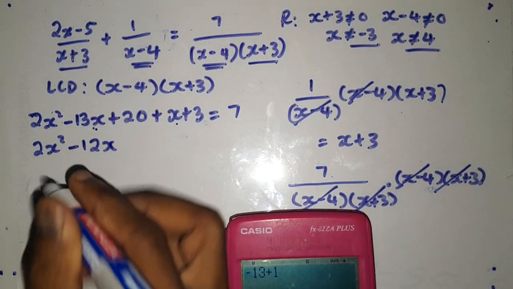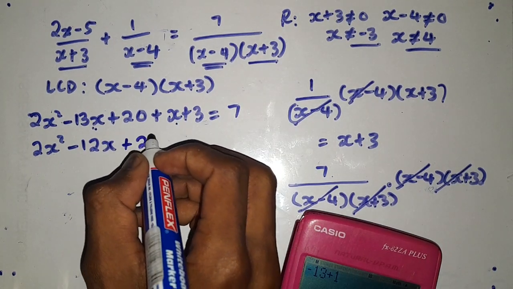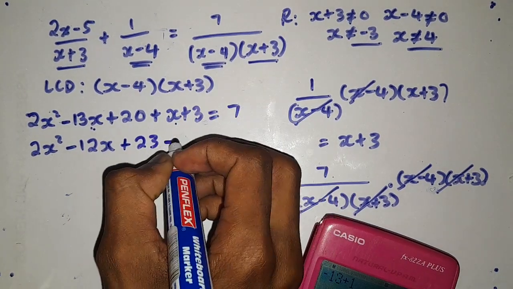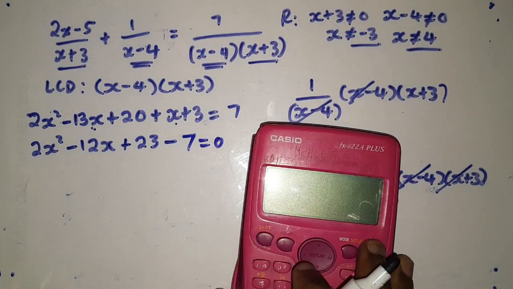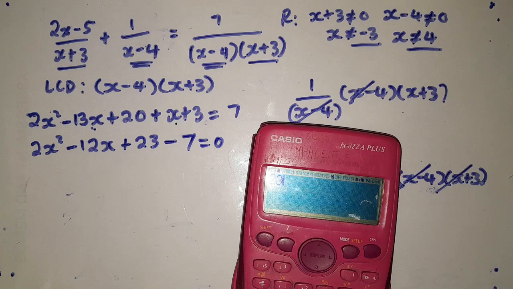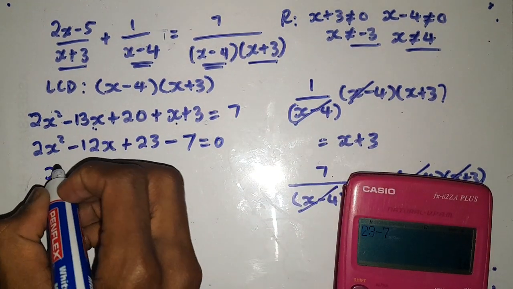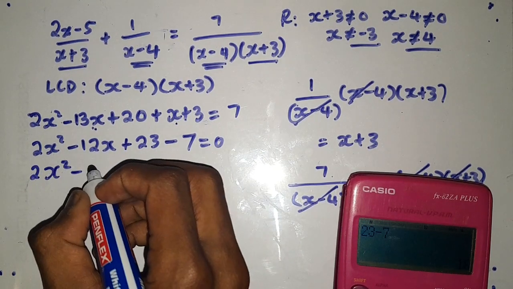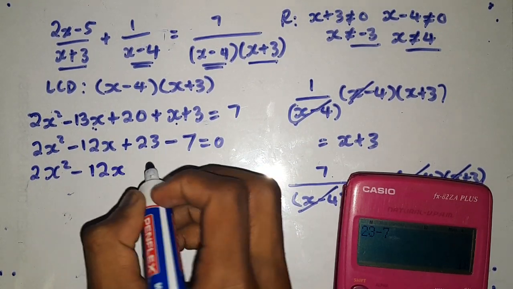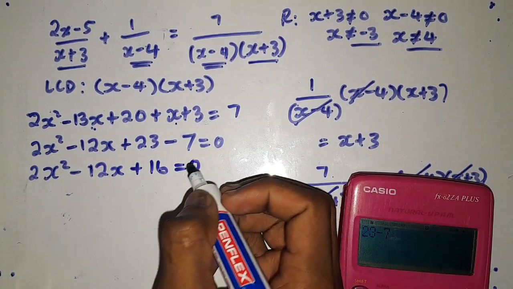Then we have 20 plus 3, going to be plus 23. Then we take 7 to the left hand side. We change the sign. Then 23 minus 7, we get 16. It's like now we have 2x squared minus 12x plus 16 equals to 0.